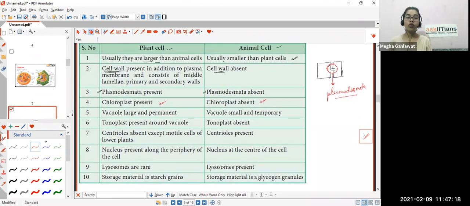And then one more important difference is that the vacuoles in the plant cells are large and permanent, and in the animal cells the vacuoles are small and temporary. How exactly does this difference come into play? For example, let's say there's a plant and that plant requires storing a lot of oil or a lot of rubber or a lot of gum. Okay, as you see, we basically obtain rubber and gum from plants.